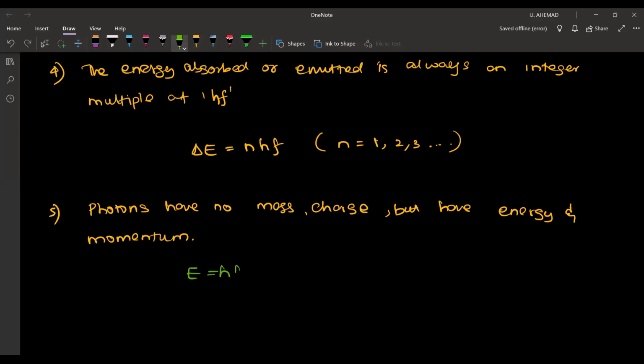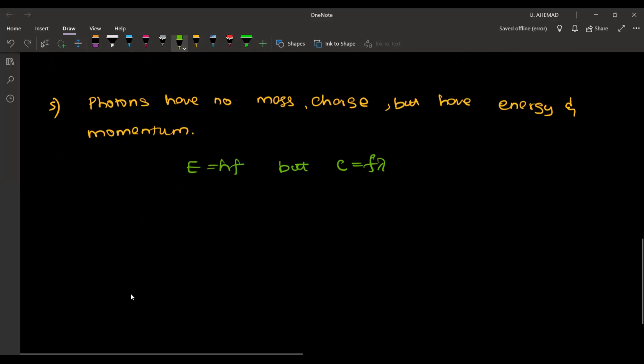E is equal to hf, but we know that c is equal to f lambda. So we can obtain an equation for frequency. Here this is the energy of a photon, and c is the speed of light.